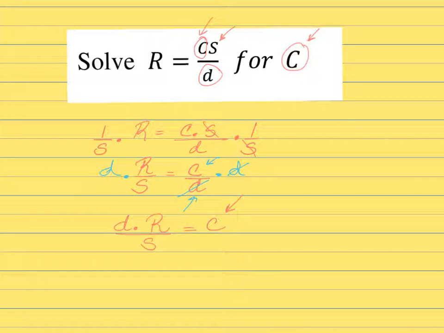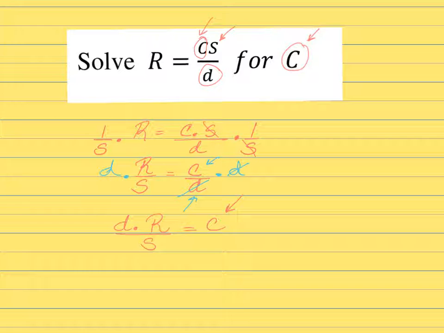Okay, that's what you're doing when you're solving literal equations. You are isolating one of the variables in the formula in one of the sides of your equation. Of course, you have to perform the inverse operation in order to get rid of the terms or the other variables that are affecting your variable.